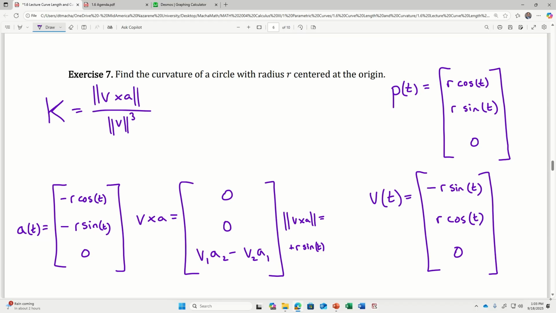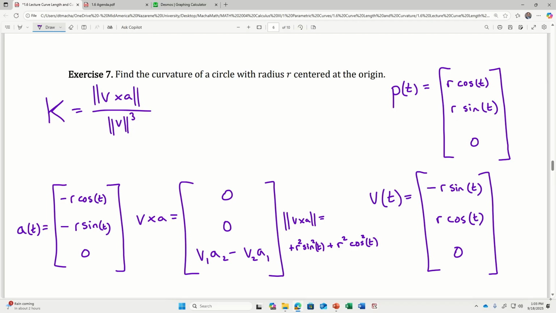And that gives me positive r squared sine squared t minus v2, which is r cosine t times a1, which is negative r cosine t.